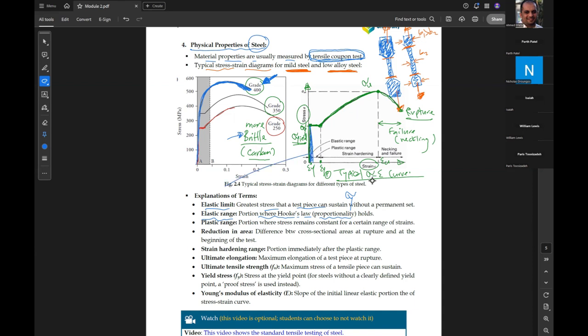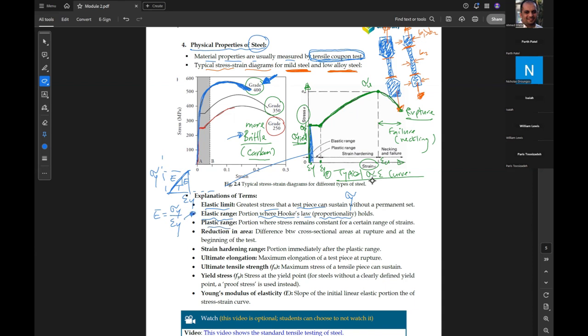If we take this out, we have sigma yield, we have epsilon yield, and the inclination will be E. So E is equal to sigma yield over epsilon yield. This is only applicable in the elastic range.